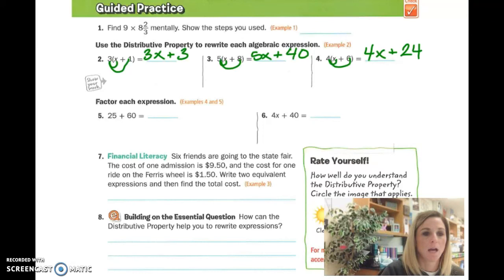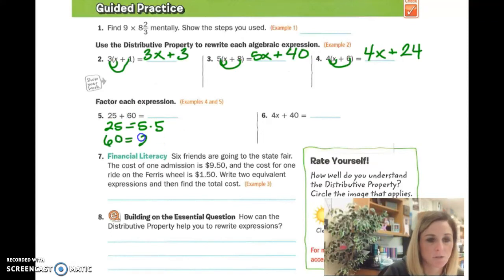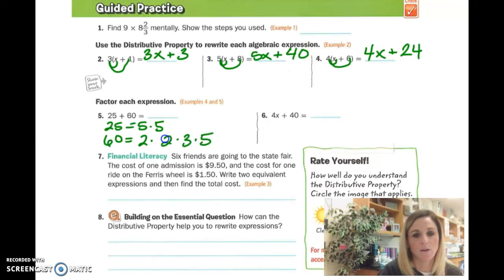Okay? Prime factorization. I know that my prime factorization of 25 is 5 and 5. And I know that my prime factorization of 60 is 2 times 2 times 3 times 5.